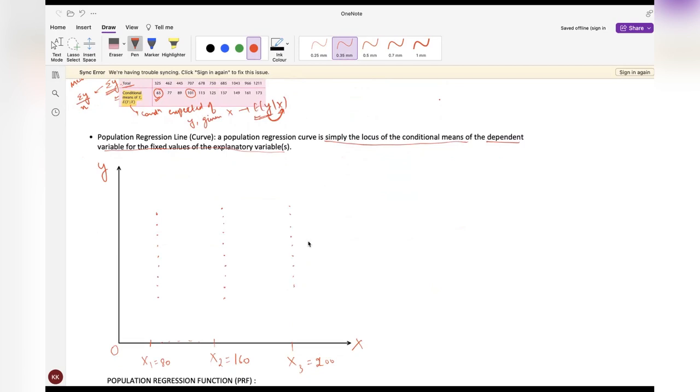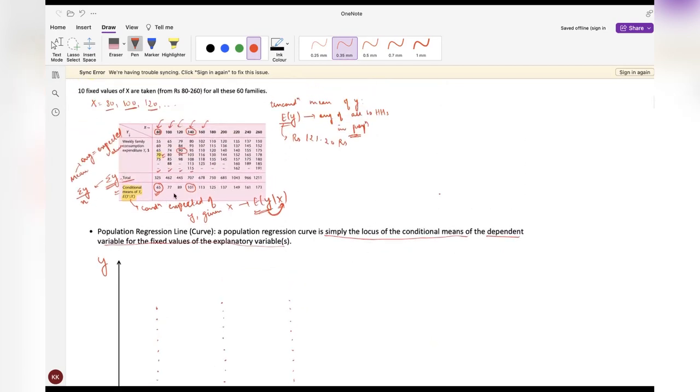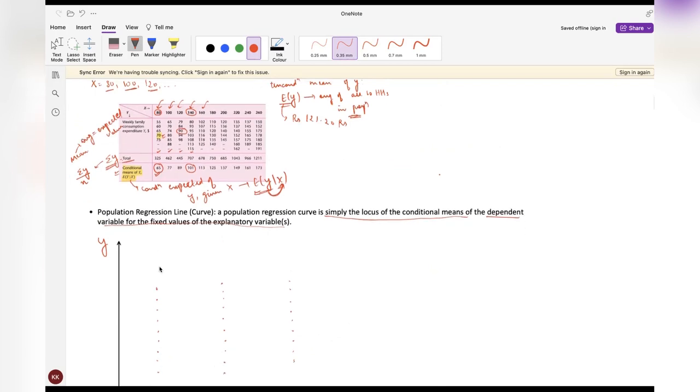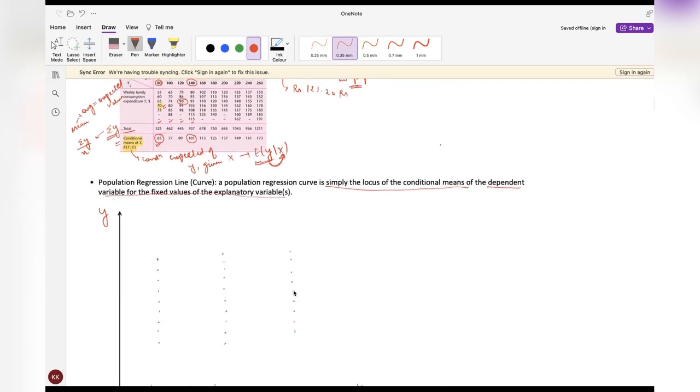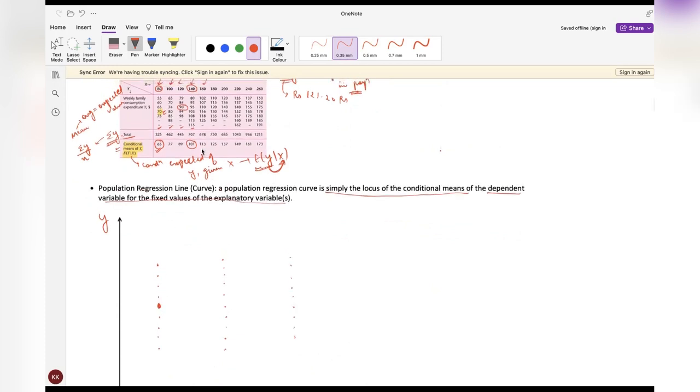Now, if we look at their conditional mean, we know that this conditional mean is somewhere between these values because it is an average. So let's plot that. For example, here we had 65, in this case we had 113, and it was somewhere here. And in this case, we had it somewhere at 125, which was somewhere here.